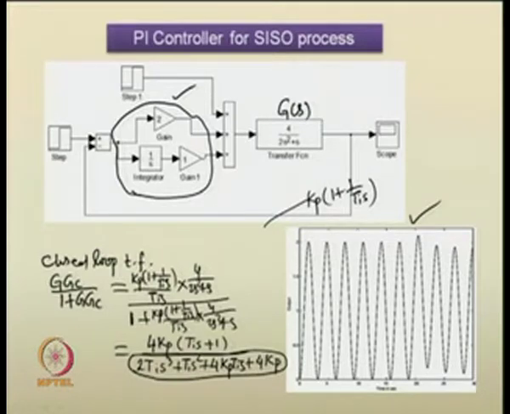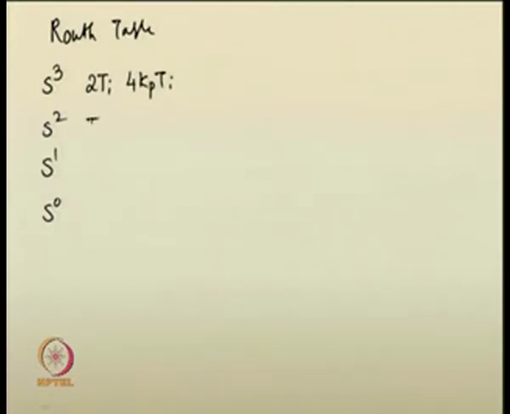If we form the Routh table for the closed loop transfer function, it takes the form of s cubed, s square, s1, s0, with the row of s cubed having the coefficients 2 Ti and 4 Kp Ti.